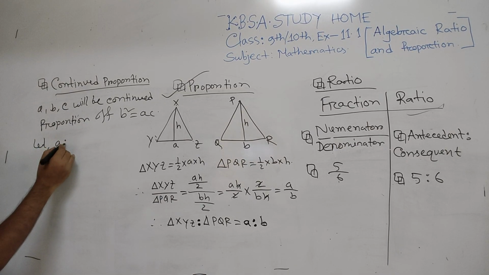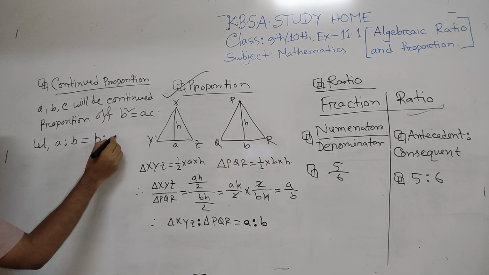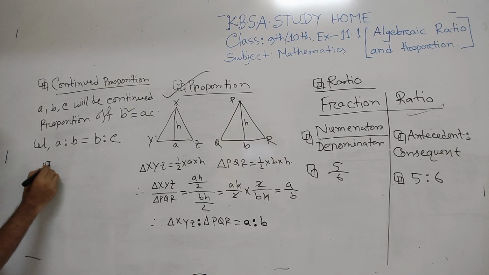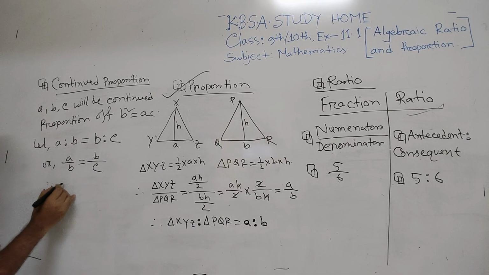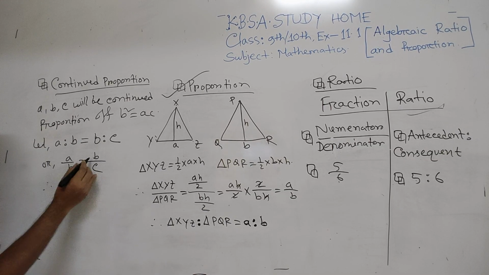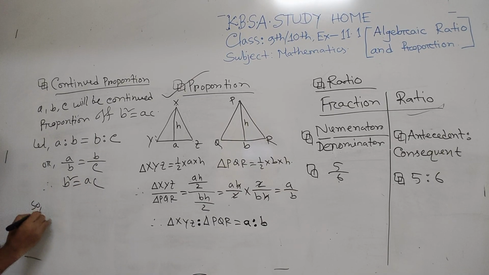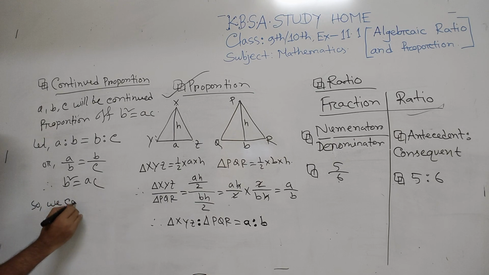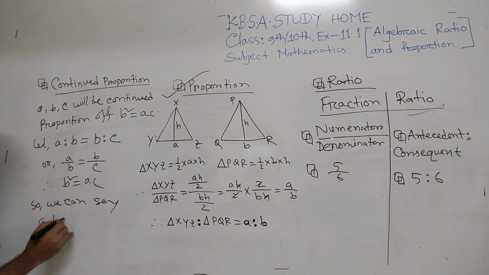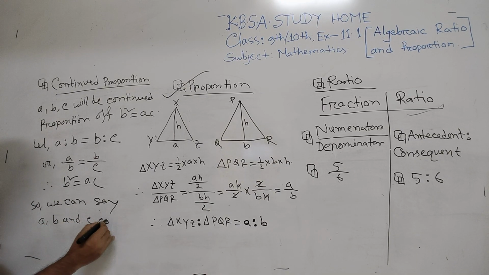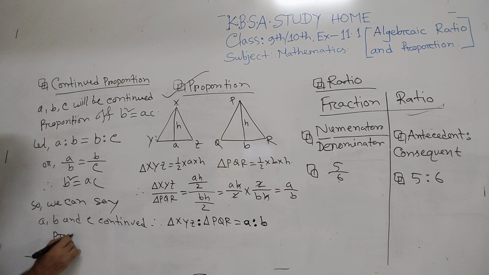Let A colon B is equal to B colon C. We can write it as A by B is equal to B by C. We can cross multiply: B square is equal to AC. So we can say A, B and C are in continued proportion.